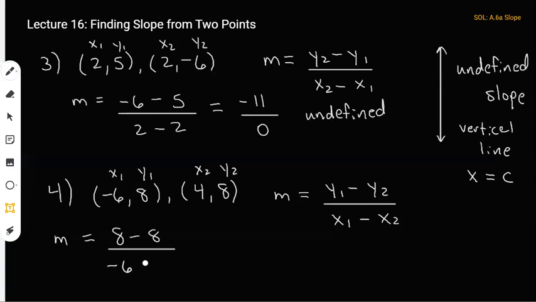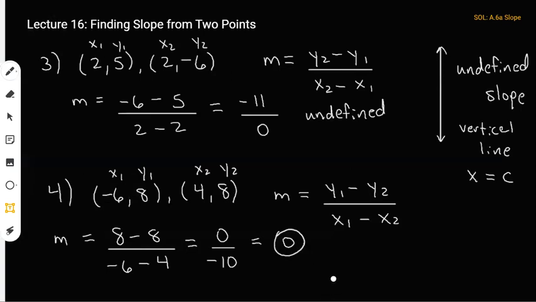That's going to be -6 minus 4. So at the top of the fraction, you're going to get 0. That's 8 minus 8. On the bottom of the fraction, you're going to have -10. A +10 if you did it the other way. And then 0 divided by -10 is 0. And that's going to be our answer, 0.